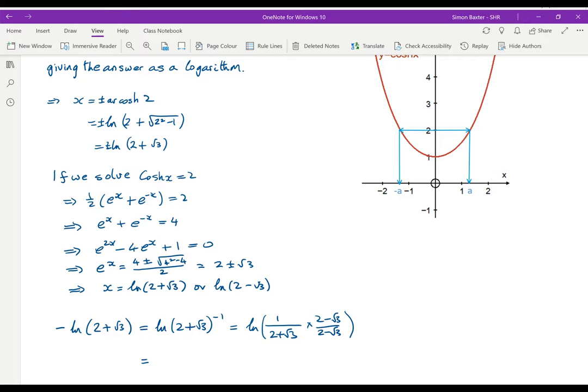Working that out, 2 minus root 3 on the top, and on the bottom we have 2 squared is 4 minus root 3 squared, and that therefore is log of 2 minus root 3. So we've shown that minus log of 2 plus root 3 is equal to log of 2 minus root 3. In other words, the second root here is the same as the second root there. So no problem after all.